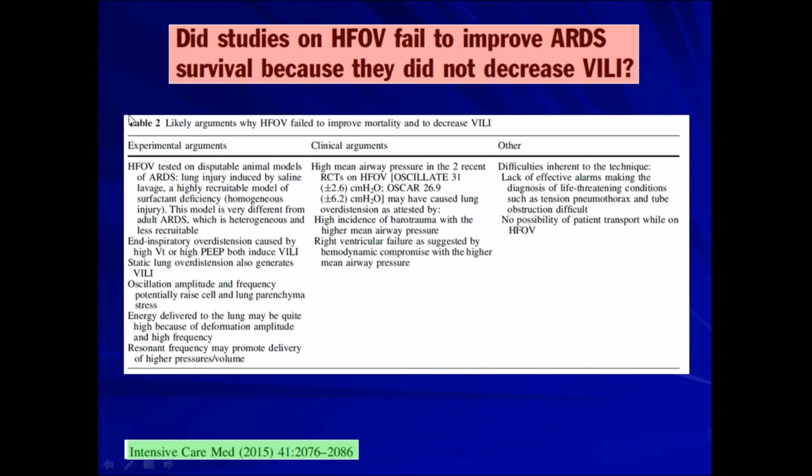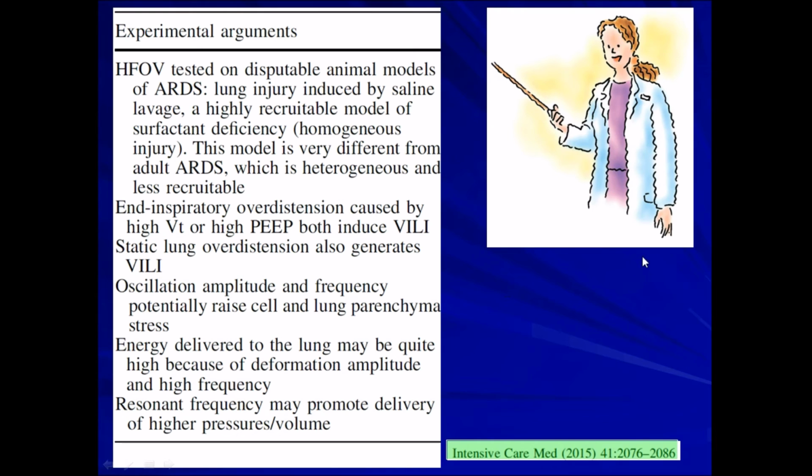The other paper summarizes the arguments for why high frequency failed to improve mortality and decrease VILI. There are experimental arguments, clinical arguments, and other arguments. I'll just try to read it quickly. For the experimental arguments, high frequency was tested on animal models. In these animal models, ARDS was induced by saline lavage. It's different than real-life ARDS.